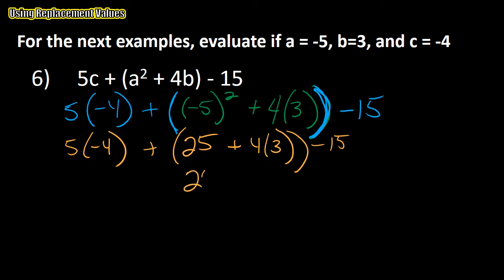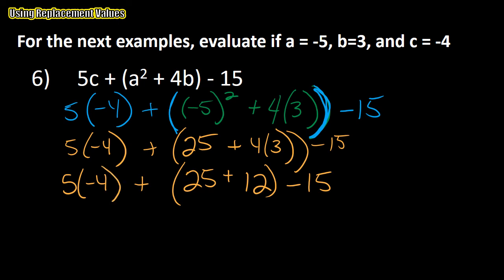And then I have 25 plus 12 minus 15 plus, and I'm rewriting everything out. And then 25 plus 12 is 37 minus 15 plus, I'm resisting that urge just to do that right now. But you can see I'm just working one step at a time. So that way it makes it super easy to check my work here.